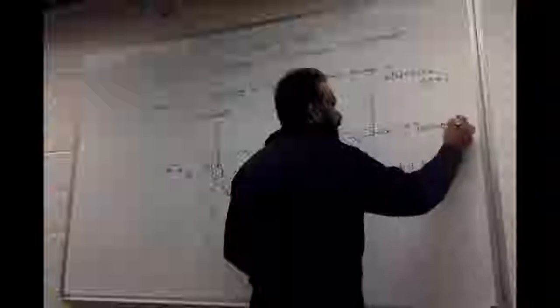Now, what is theta? Theta is the angle at which you have the first minimum. So the condition for this to happen is a sine theta is equal to lambda. That's a condition for that particular position.